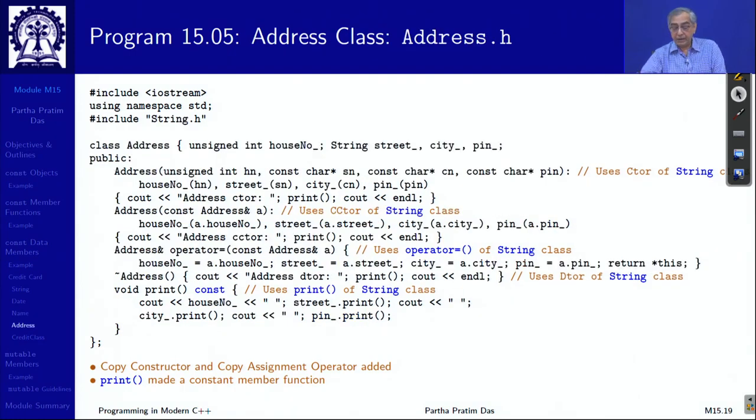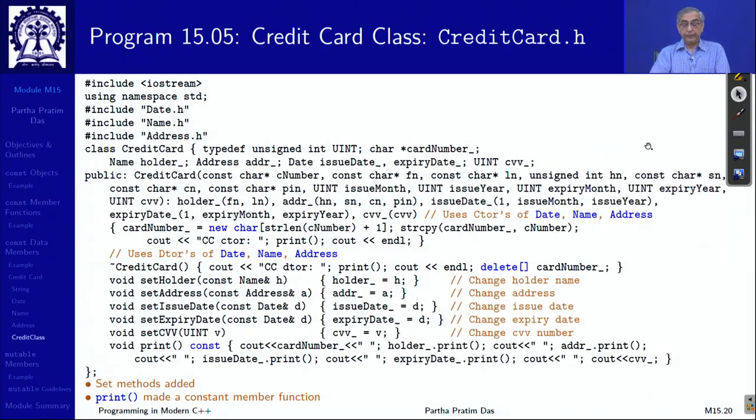Then I have the address class. In the address class, again the print is a const function, and copy and assignment operators are added. I am just flipping through. You have to really study this code, understand how to write them again, and try it out on your compiler and see what you are getting.